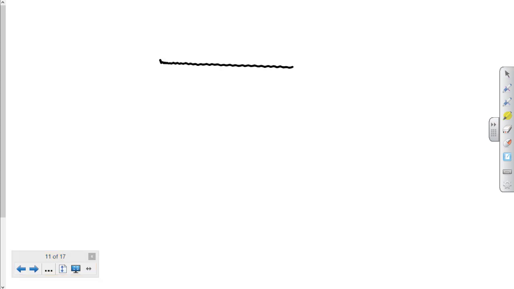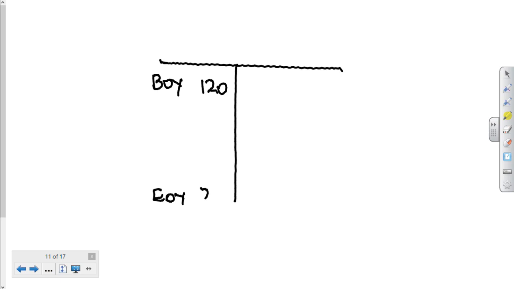So if this is my T account, and I'm going to just use the same T account that I was using before, beginning of year a 120 balance, and then end of year a 250 balance, which is a carried forward. Sometimes there's this thing called a rate change given in the question.